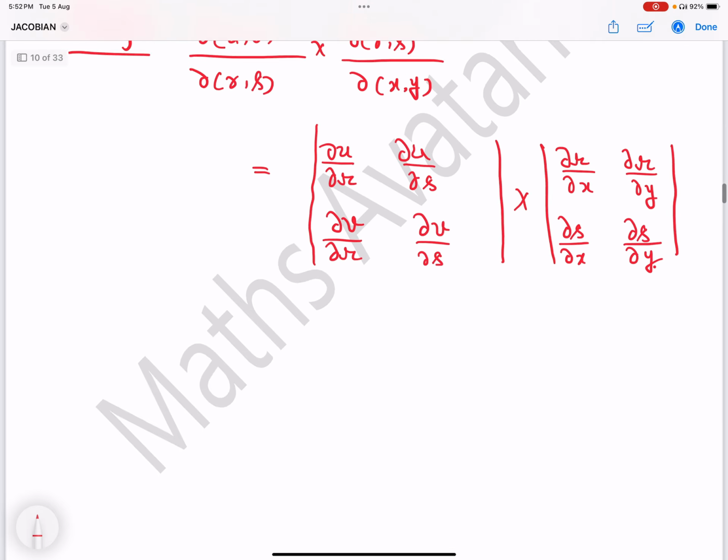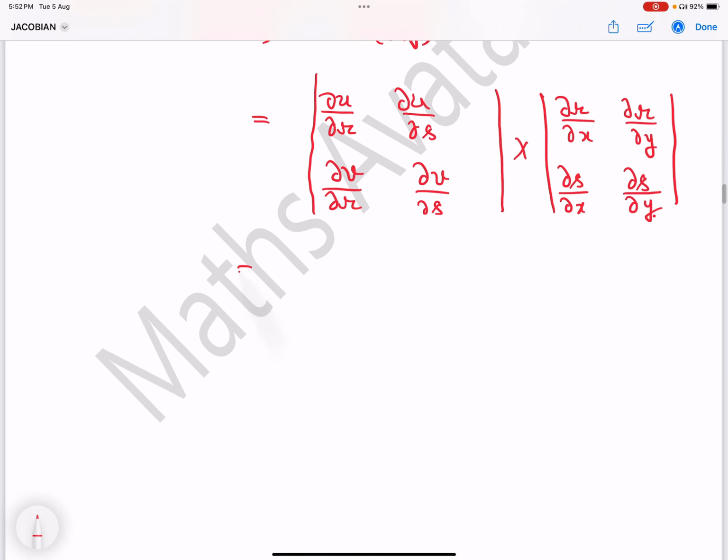Now multiply. After multiplying, what will you get?